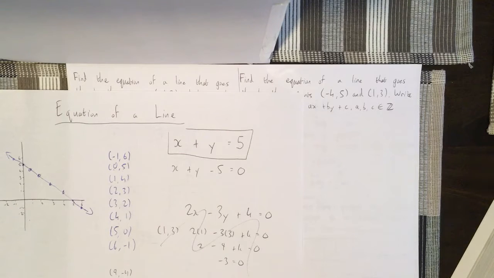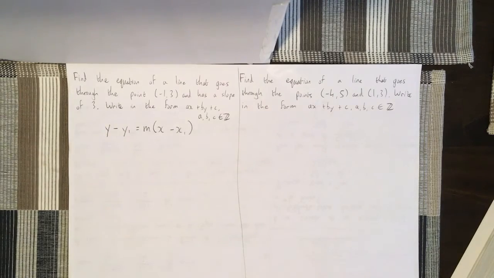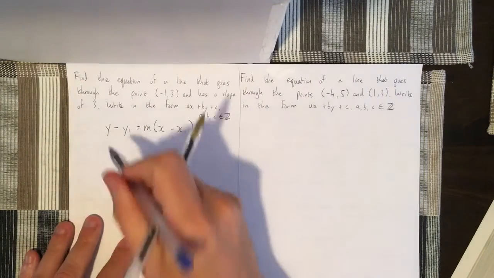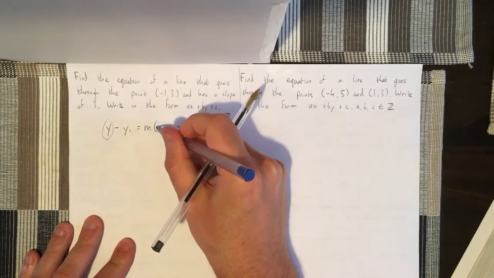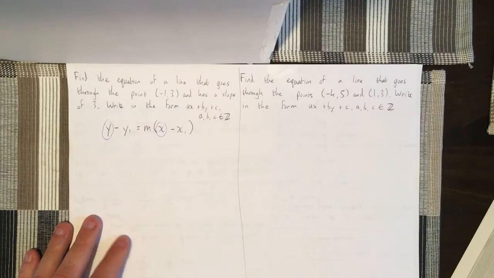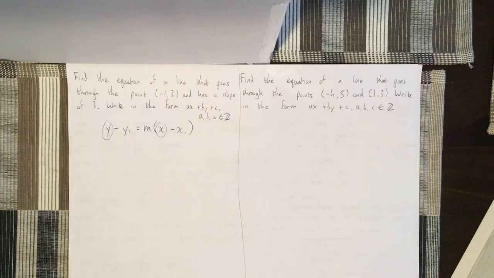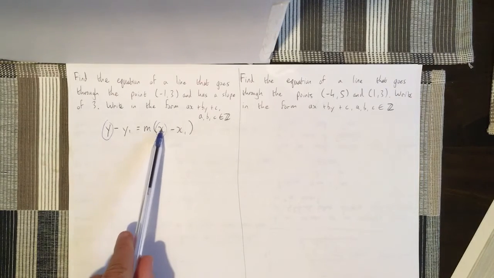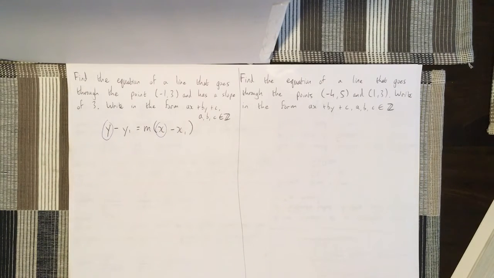Sometimes it just has one of them, but usually it has an x and a y in it. So I want an x and a y in my answer. So the y here and the x here without any number after them, I don't sub anything in for those. I want x and y in my answer, and that's where it's going to come from, by not putting in any numbers instead of these two.